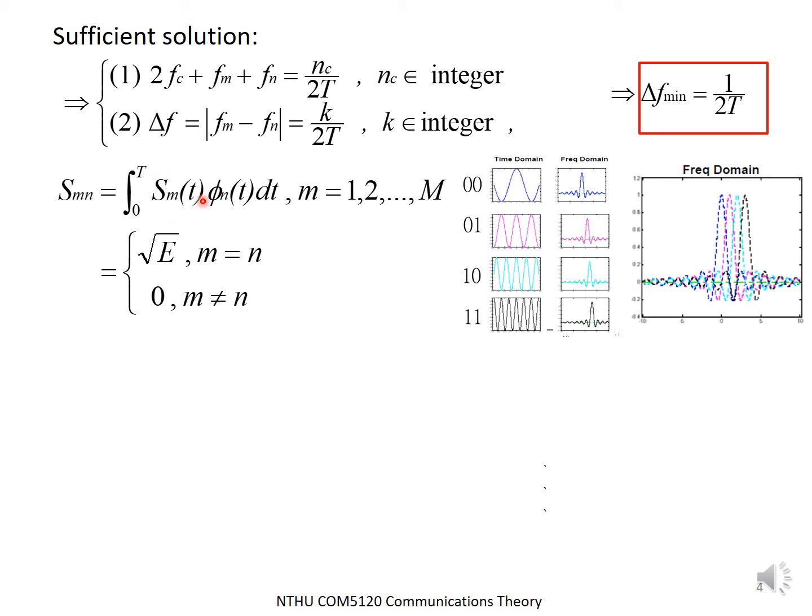For every waveform s_m(t), m from 1 to capital M, there is a projection value onto the basis phi_n, and the projection value is the inner product, represented by the coefficient s_mn.